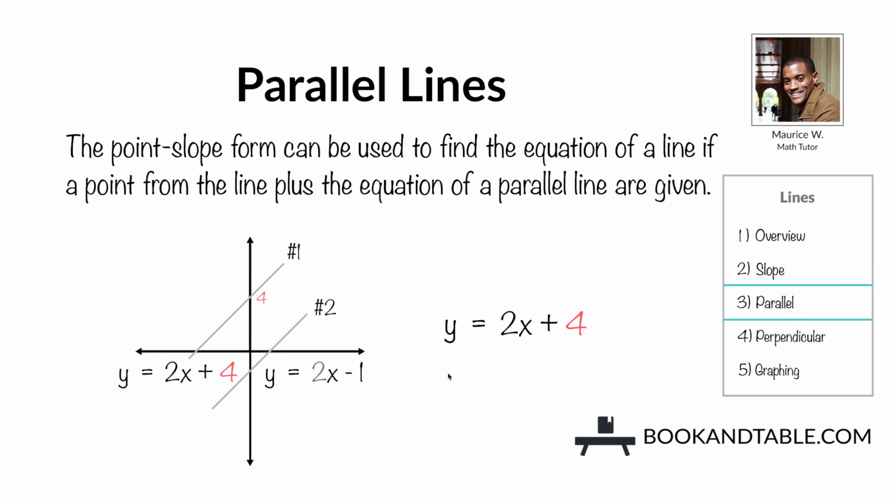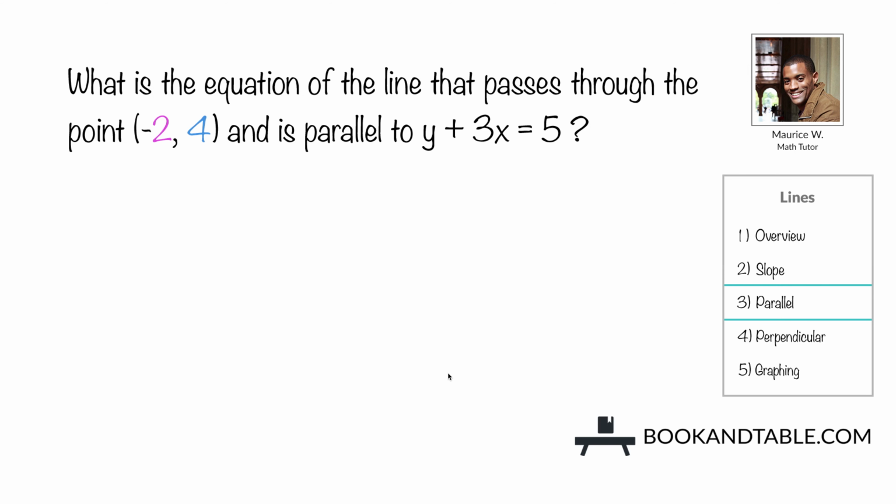Let's walk through another example from start to finish. What is the equation of the line that passes through the point -2, 4 and is parallel to y plus 3x is equal to 5? So the first thing we'll notice is the equation of the line can be given in standard form, but as we saw, we want to have it in slope-intercept form.